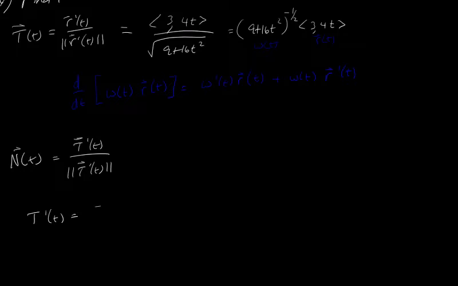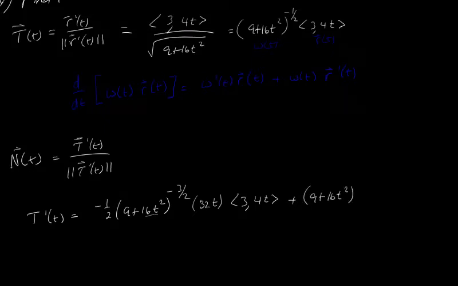So that's going to be negative 1/2 times (9 plus 16t squared) to the negative 3/2, times 32t, because we're chaining on the derivative here, times the vector <3, 4t>, plus (9 plus 16t squared) to the negative 1/2 times the derivative of <3, 4t>, the vector, which is <0, 4>. Okay, so now I'd like to be able to simplify this as much as possible.